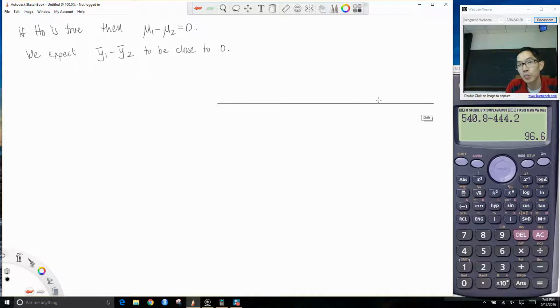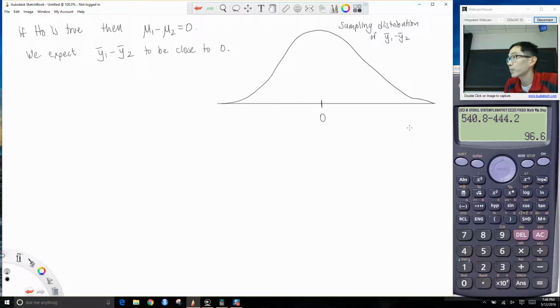The sampling distribution of this quantity, y bar 1 minus y bar 2, is centered around 0. It's centered at 0, and the value we saw was 96.6.